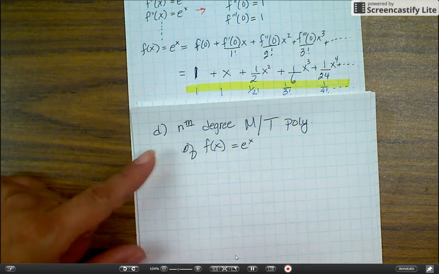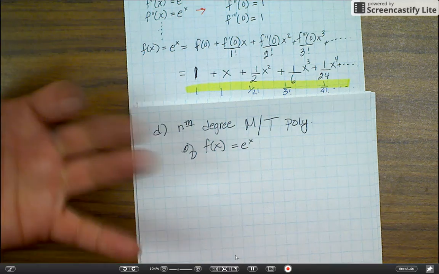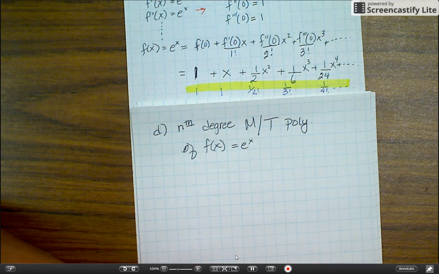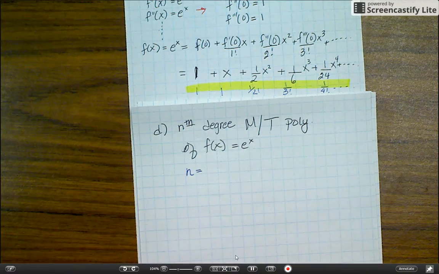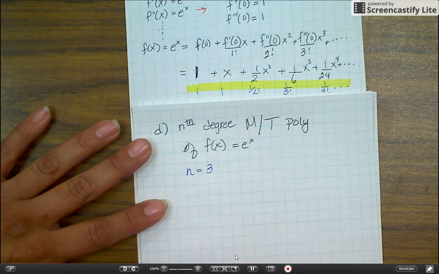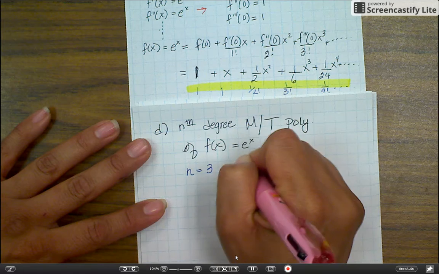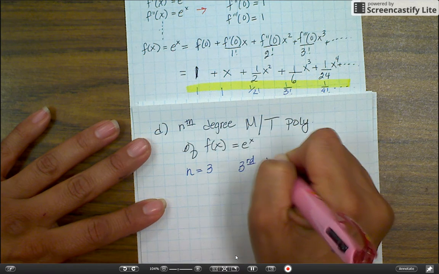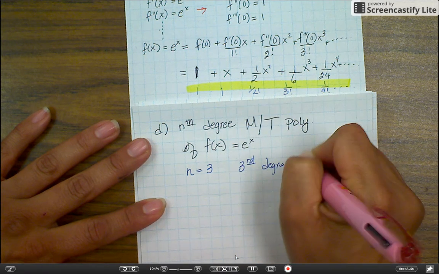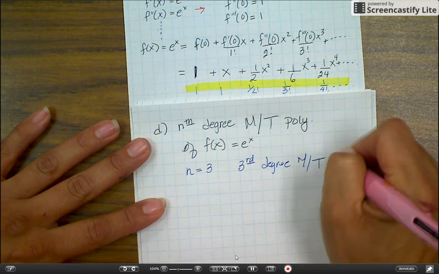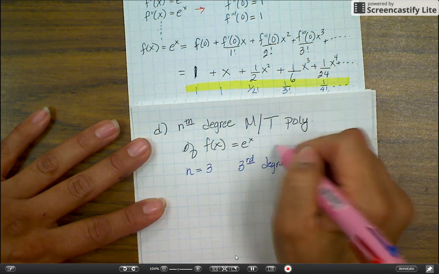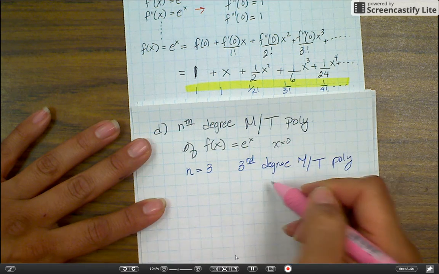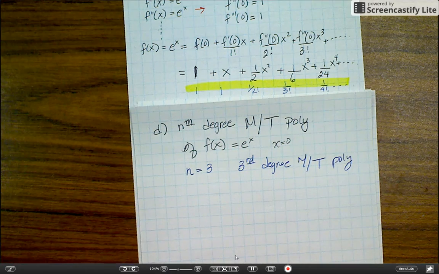Now, in this situation, I can have the first degree, second degree, third degree, fourth degree. Let's say I want my n to be equal to 3. So, what are we asking for? We're asking for the third degree Maclaurin or Taylor polynomial, where x equal to 0, or a is equal to 0. I want that expansion.